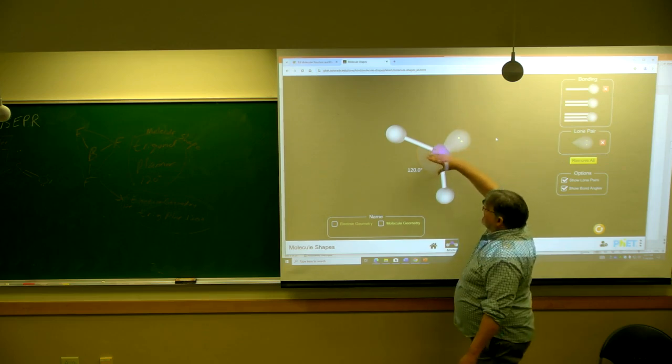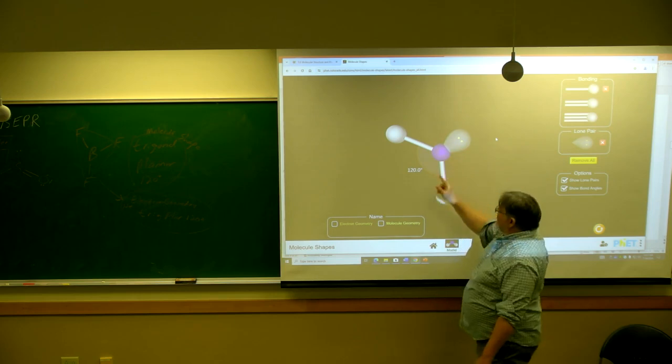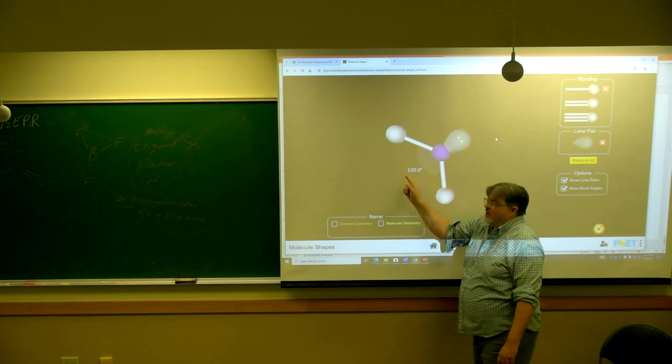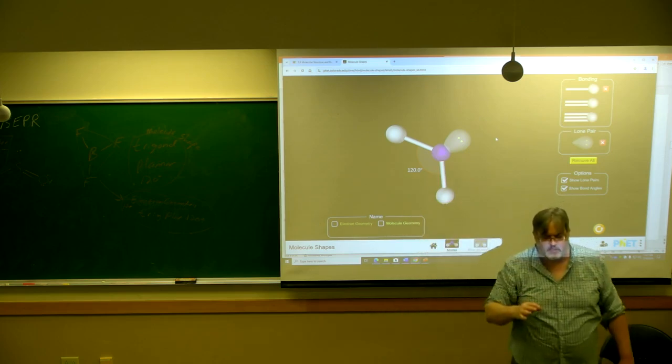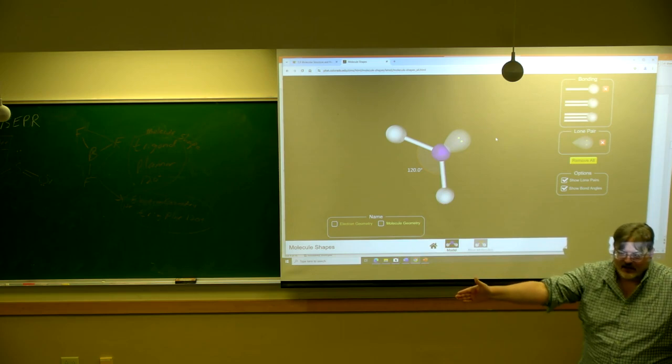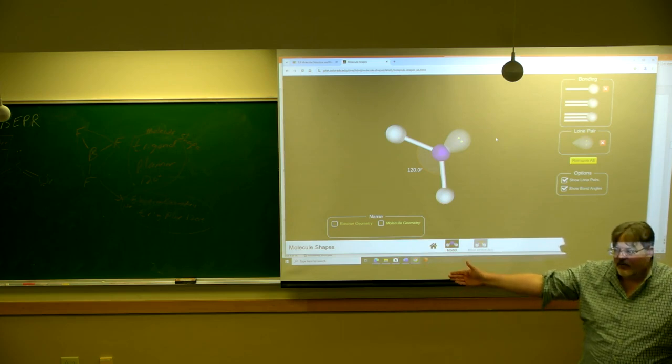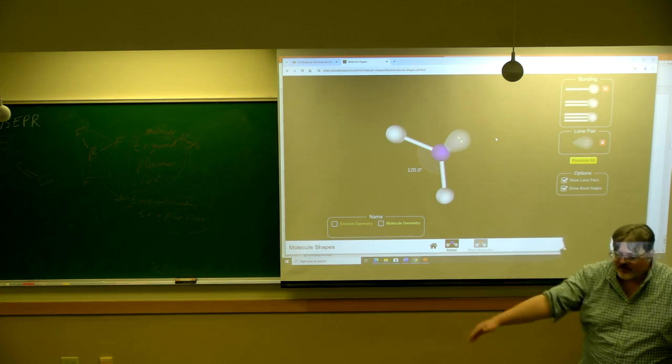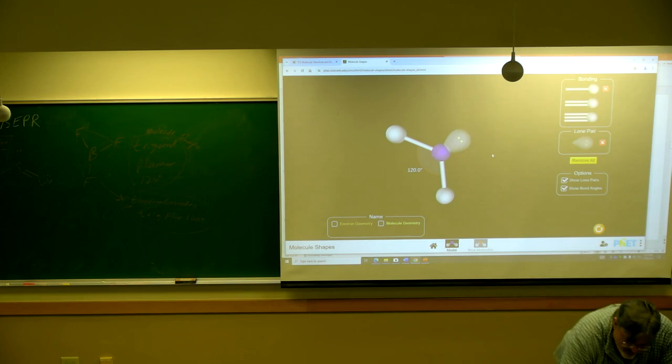So some textbooks will go, if it's this shape, and you put a little less than sign here, and you go, it's just a little less than 120. Just because that pair of electrons squeezes the bond in just a little bit. So you have your base angle. And then if you have a pair of electrons, it squeezes in just a little. Different for different molecules. So we don't get too specific, we just say a little less than 120 degrees.